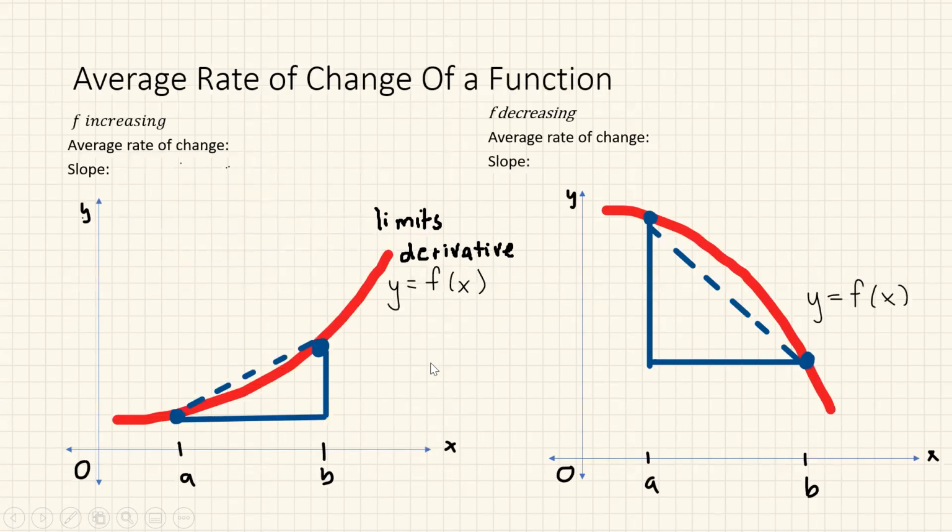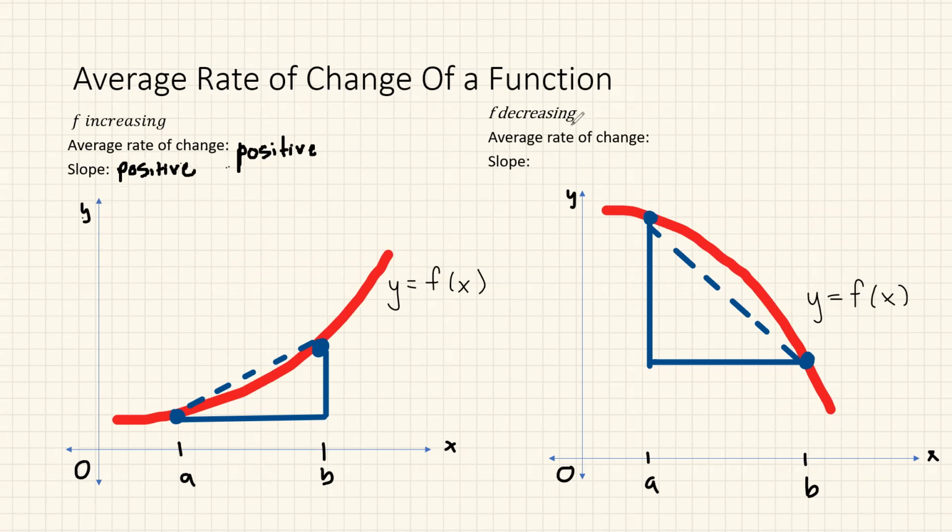Okay? In this slide, we have a graphical representation of the average rate of change of a function. To the left, when our function, which is in red, f of x, is increasing, the average rate of change is going to be positive, and the slope of this line will also be positive.